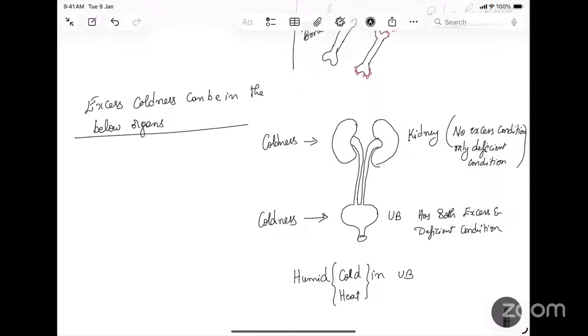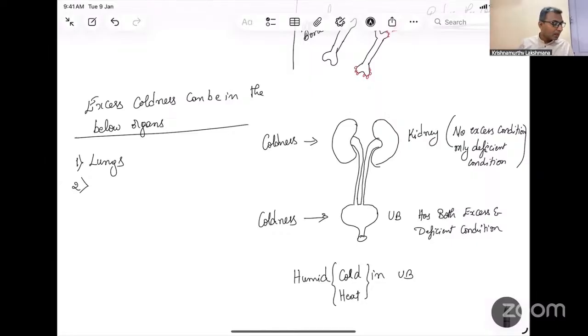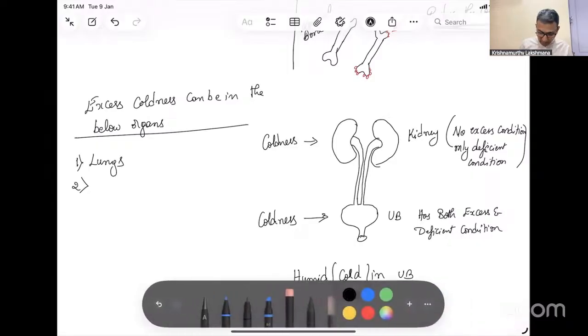Tell me which organs it can be more. Lungs, sir. Lungs, yes. And liver. Lungs, which form? Which are the patterns of lungs in which there can be extra coldness?